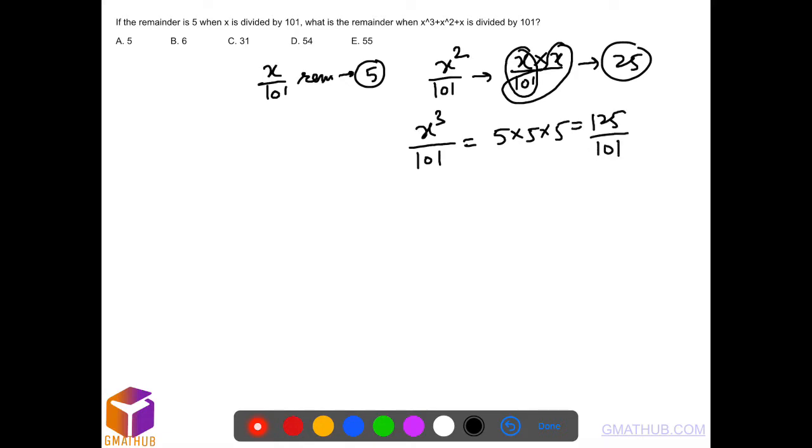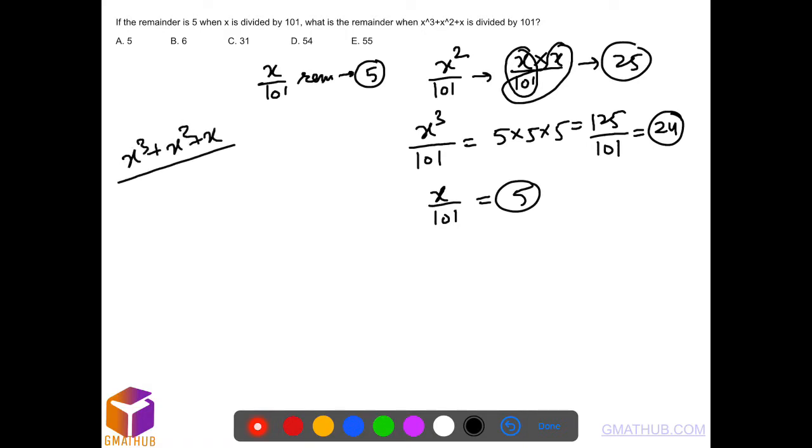We divide it once more by 101, 24. X divided by 101, it's simply 5. So x cube plus x square plus x divided by 101, we can add the individual remainders. Okay, so that will be 54.